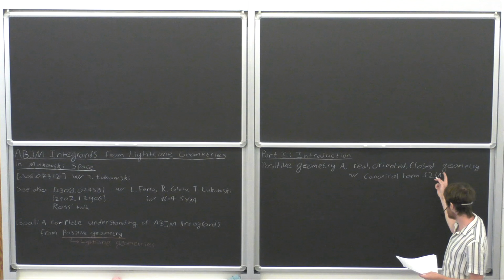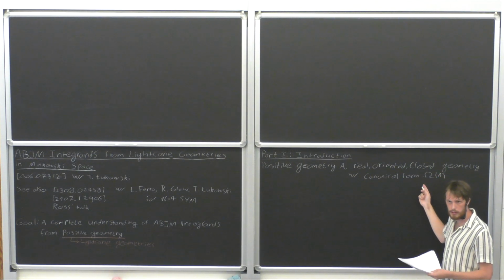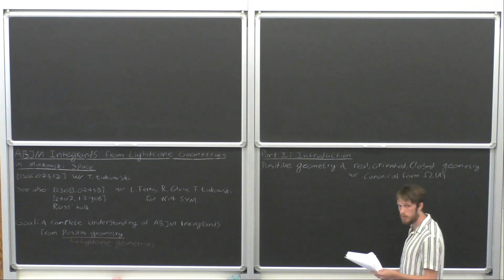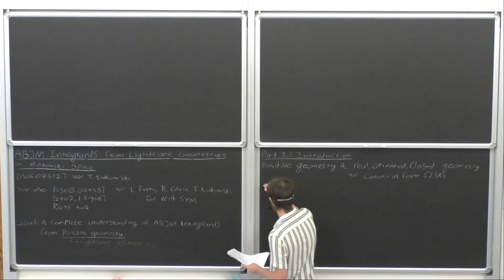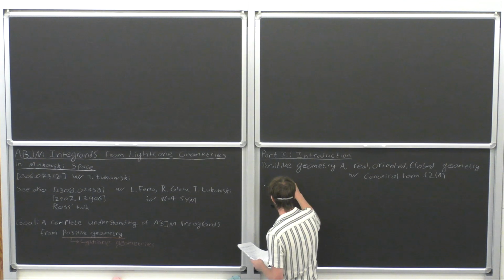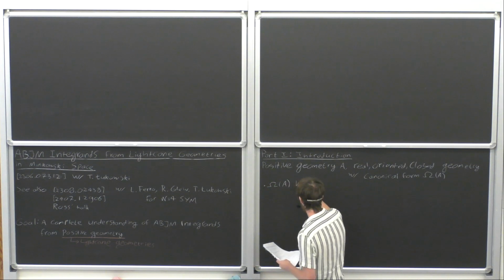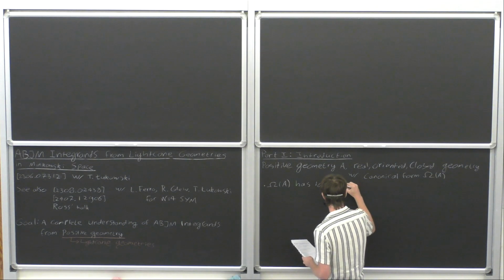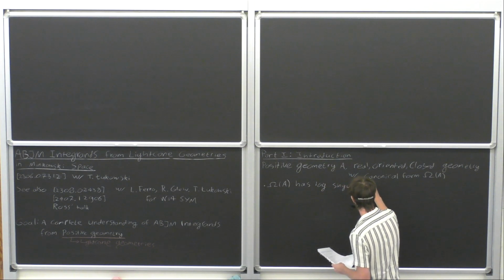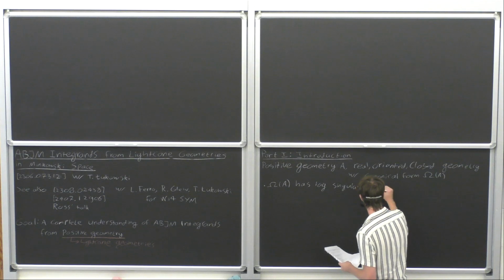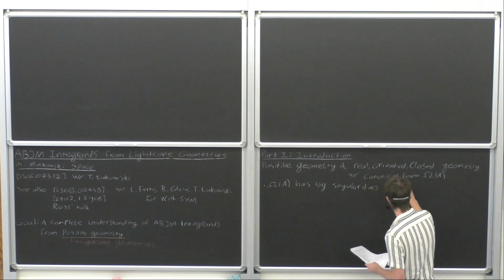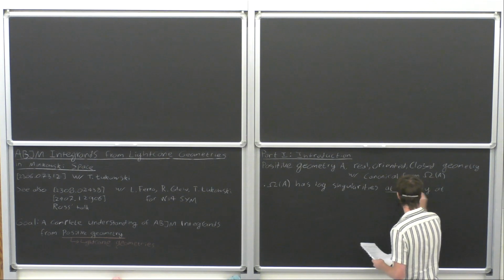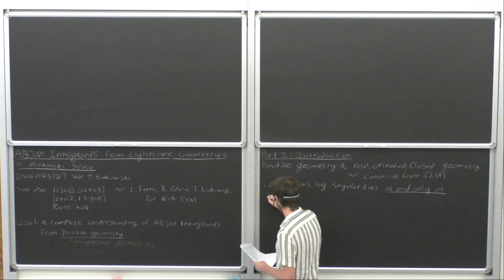Now these positive geometries and these canonical forms have to satisfy certain properties, but most of them won't be relevant for the talk today, so I won't go over them in detail. The most important part, which I will emphasize, is that the canonical form omega of A has logarithmic singularities at and only at the boundaries of our geometry.